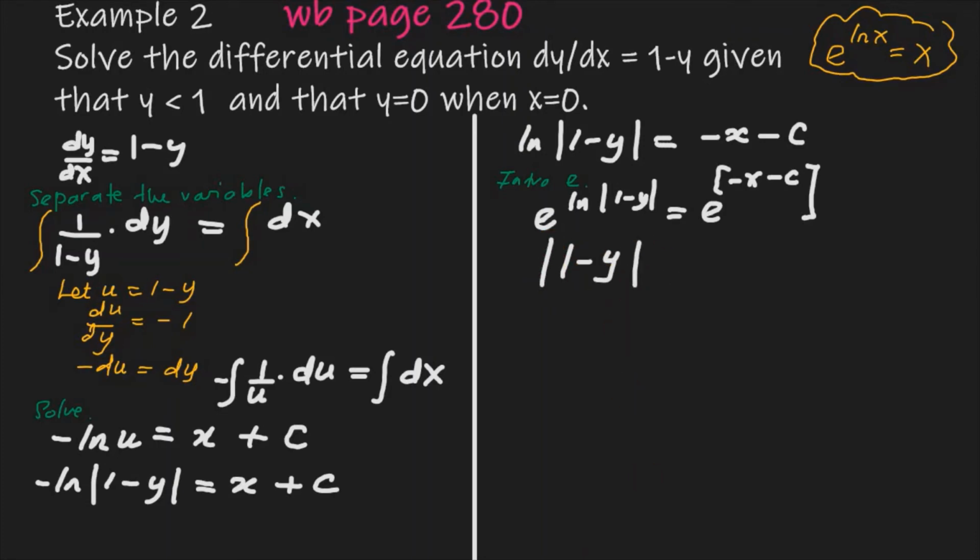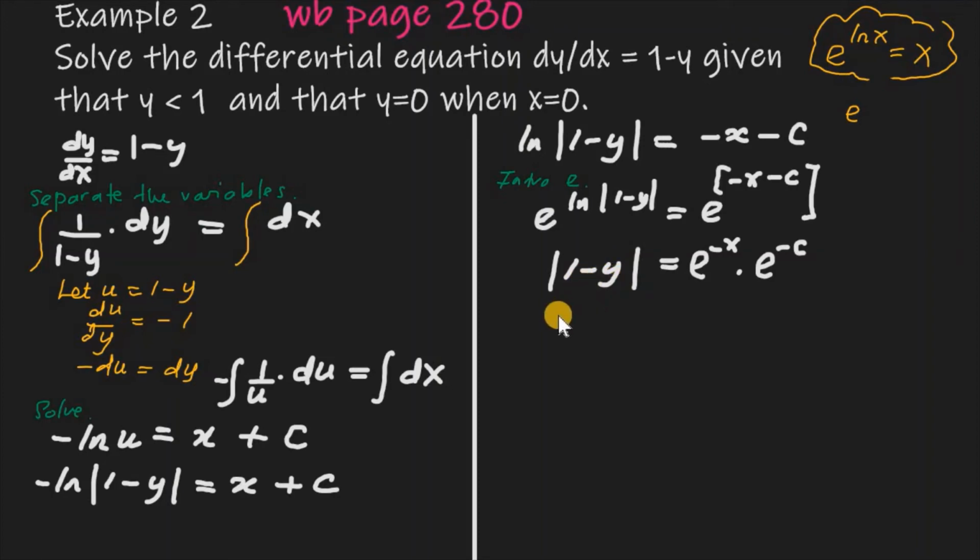And on the right side, we can say that it is e power negative x multiplied by e power negative c, which is a constant, using the law of exponents. And hence this is positive.